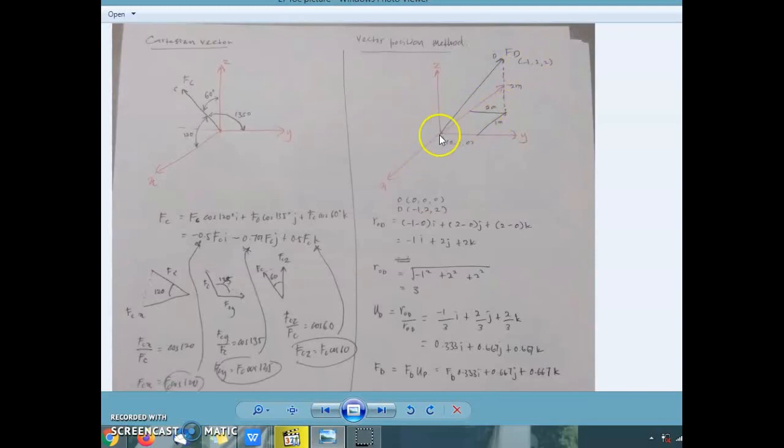X is negative because it is in the opposite direction of the positive axis, so it is -1. Y is 2 from 0 to 2 on the y-axis, and 2 on the z-axis from 0 to 2. So the coordinate for D is -1, 2, and 2.